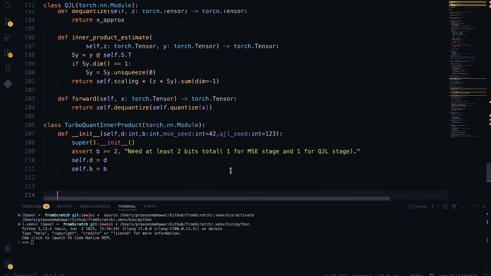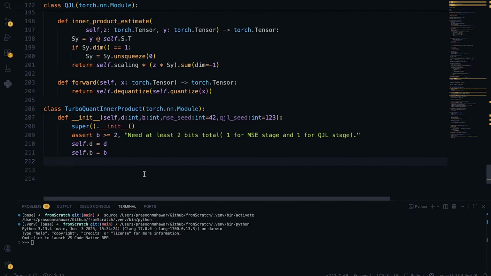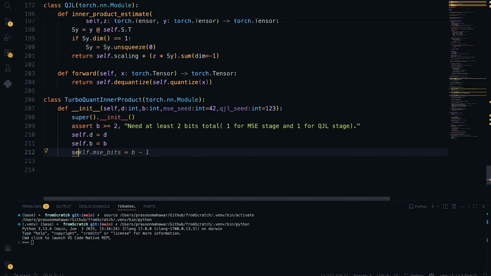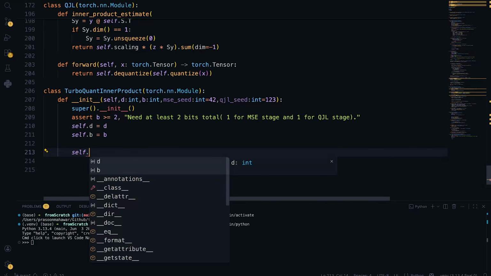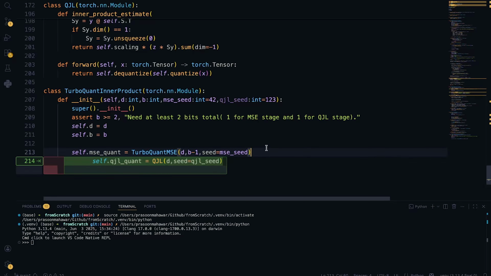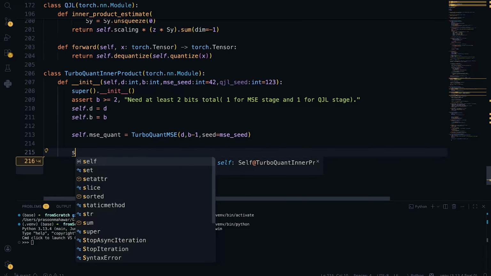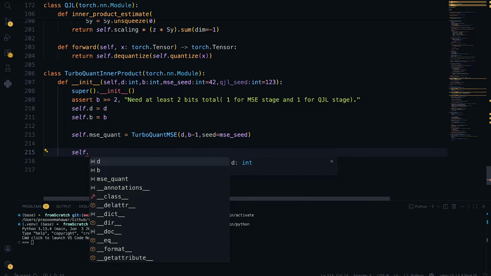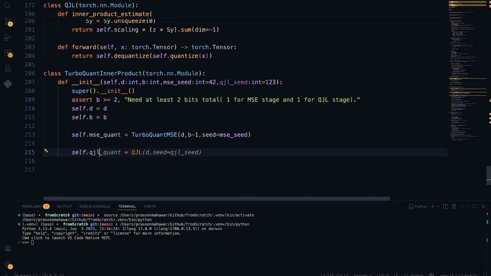Stage 1 is self.mse_quant, which will be TurboQuantMSE with d, b minus 1 and the MSE seed, and stage 2 is self.qjl, of course, which will be equal to QJL with d, and seed equal to the QJL seed.